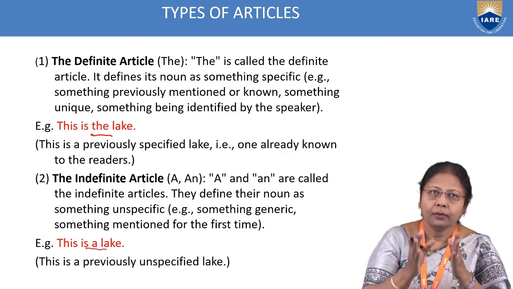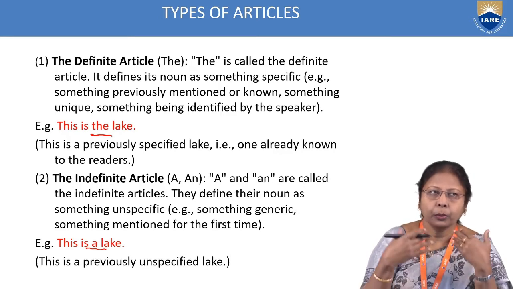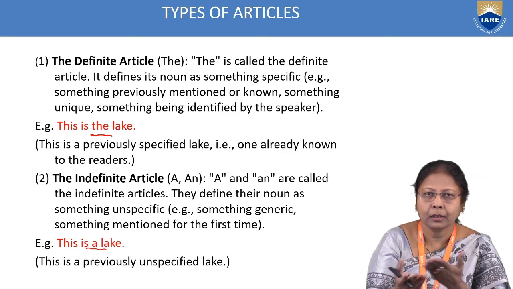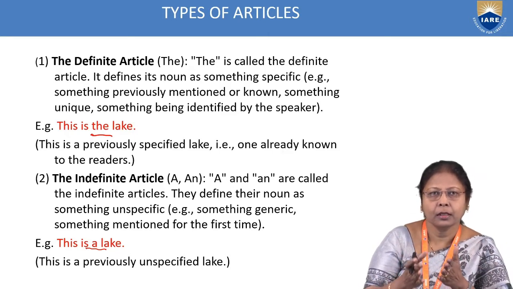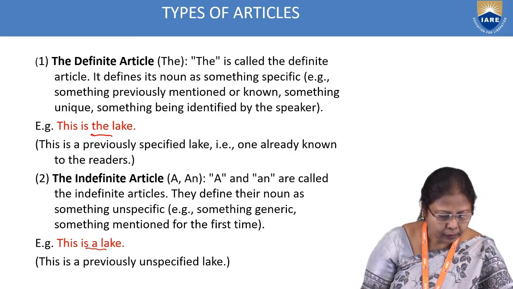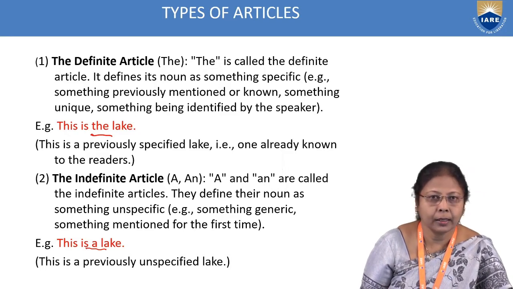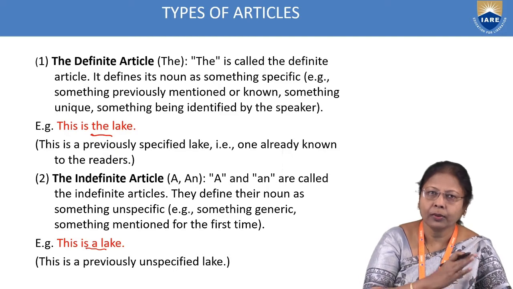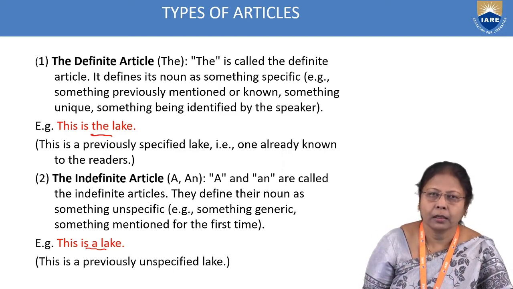Means here for the first time, unspecifically we are mentioning, when you are talking about anything, a thing or a person, whatever it is. Here, you may get a doubt. Why only a lake? Why not an lake? About this usage of an and a, we will see very clearly in the later slides.